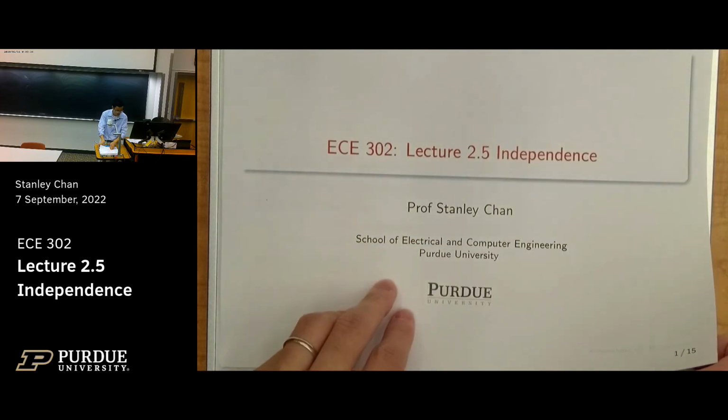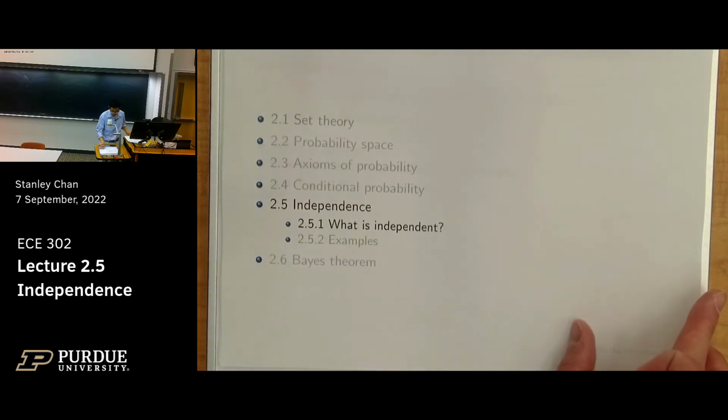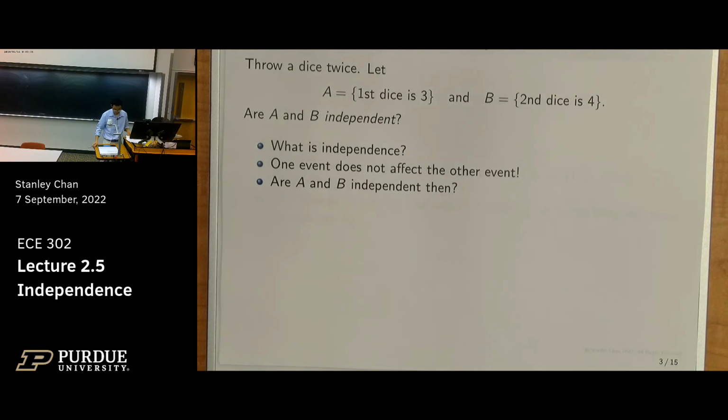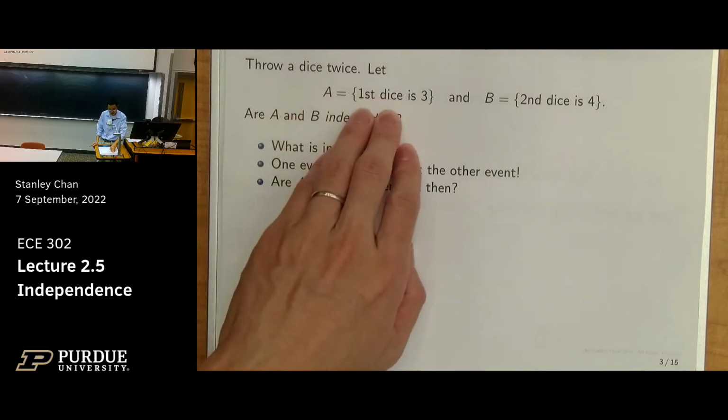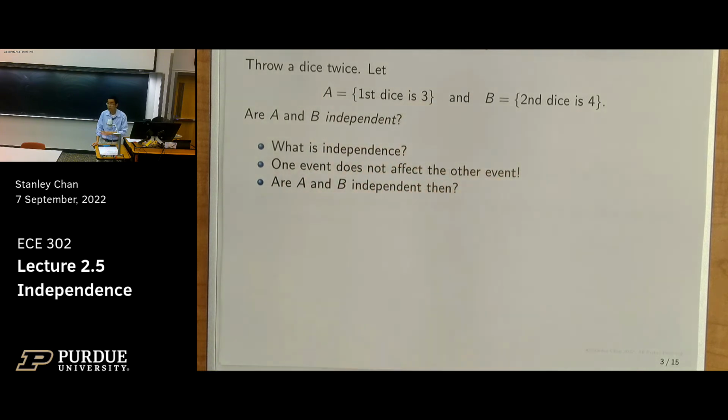Independence. Let's talk about independence. Okay, so what is independence? Let's think about the following example. You throw a die twice. The first die is 3, the second die is 4. Are they independent?